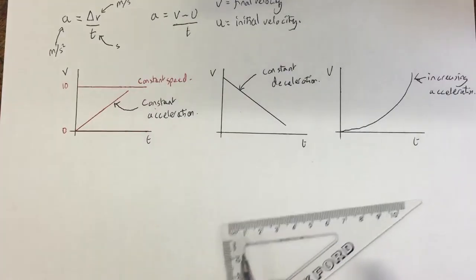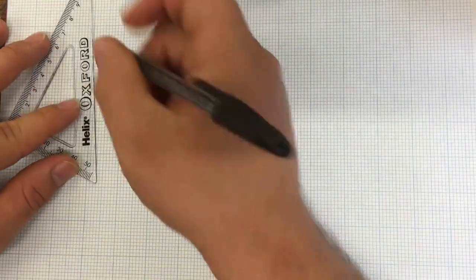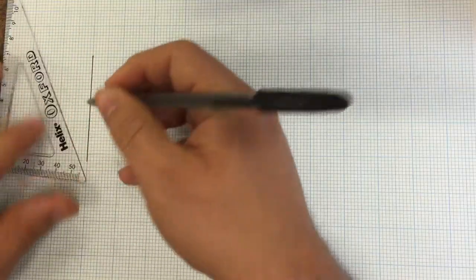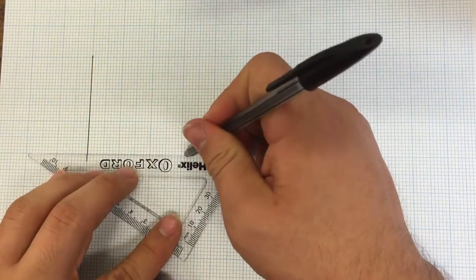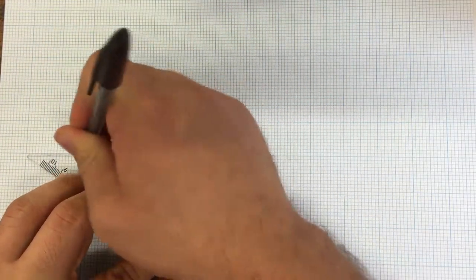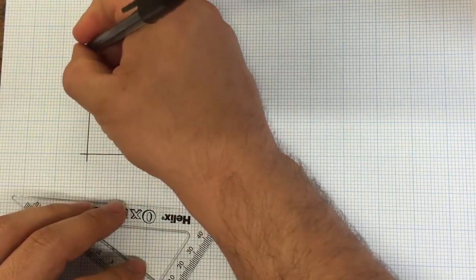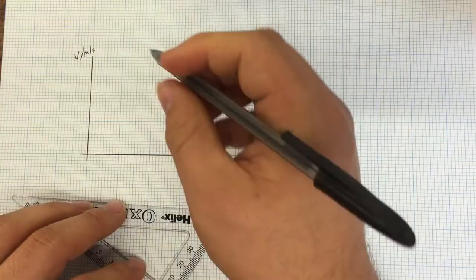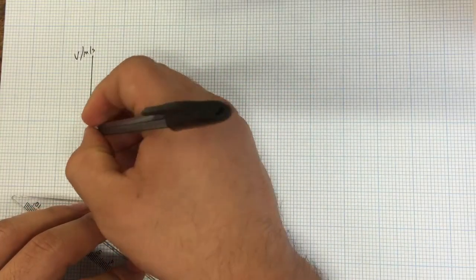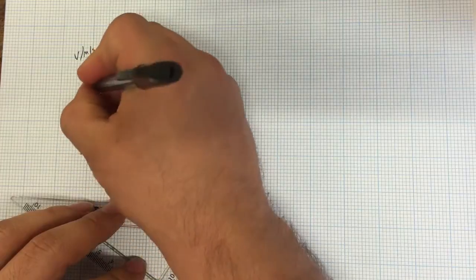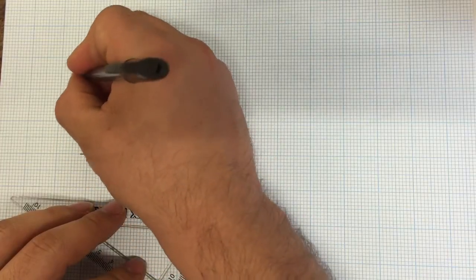So now I can do calculations with my velocity time graph. If I have a very simple velocity or speed time graph, time in seconds, velocity in meters per second, and I'm going to add some speeds, so I'm going to have 5, 10, 15, 20, 25.